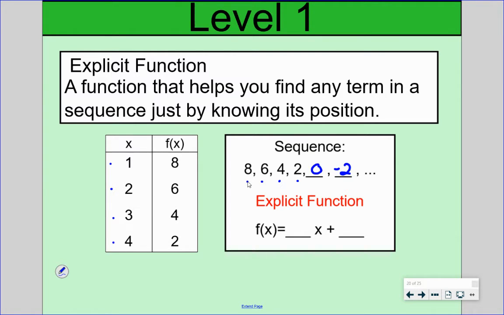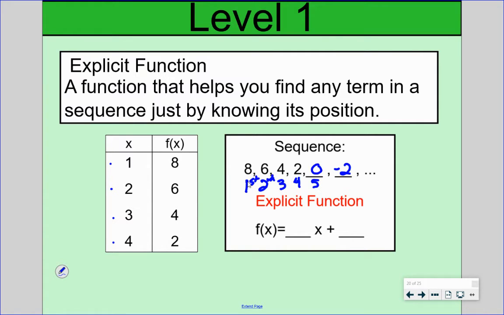The 8 is the first term in the sequence, 6 is the second term, and so forth. The third, the fourth, the fifth. So our domain, our X values, are just stating what position in the sequence we're talking about. So our natural numbers are our domain.